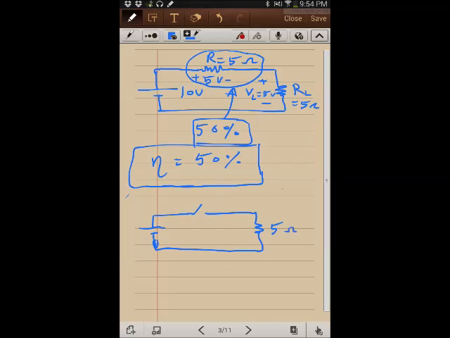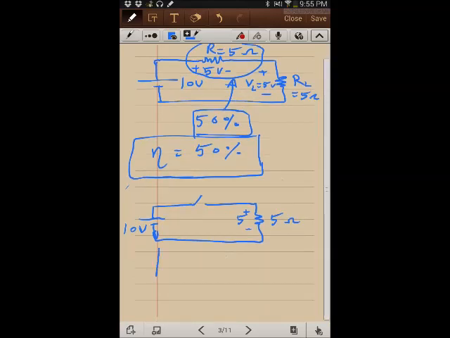We have the same load resistance, the same voltage source, and we want to apply 5 volt across the load resistance. What we will do is use this switch so that 50% of the cycle is on and 50% of the cycle is off, and this is called the period of the switching pattern.